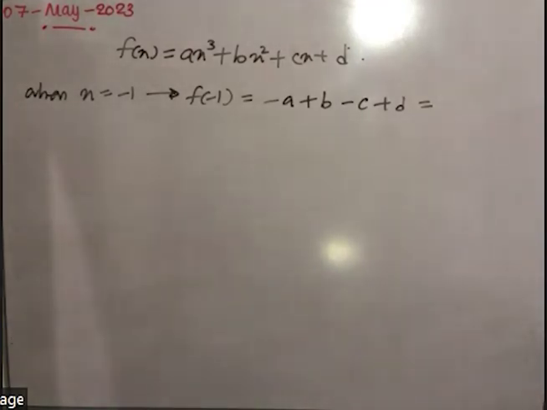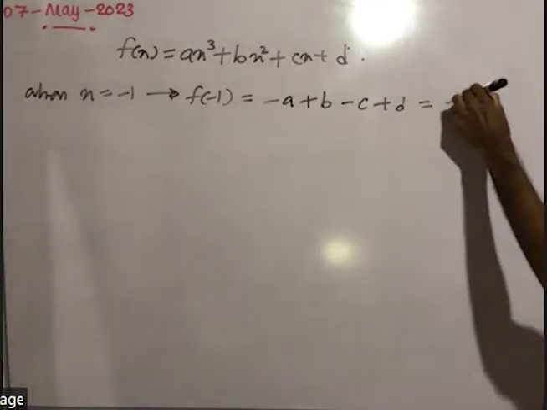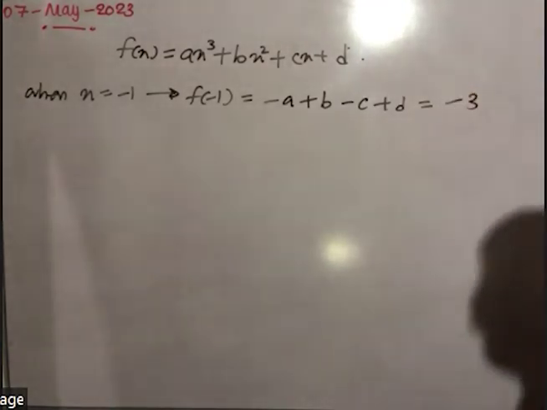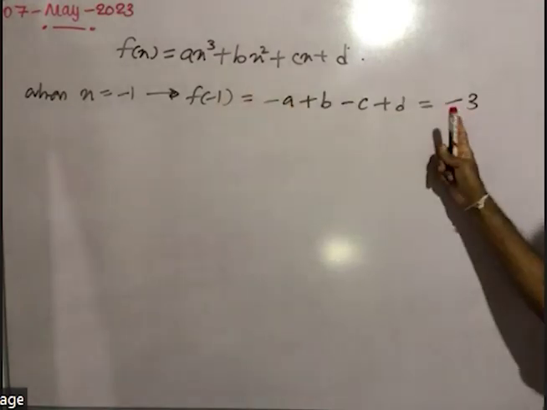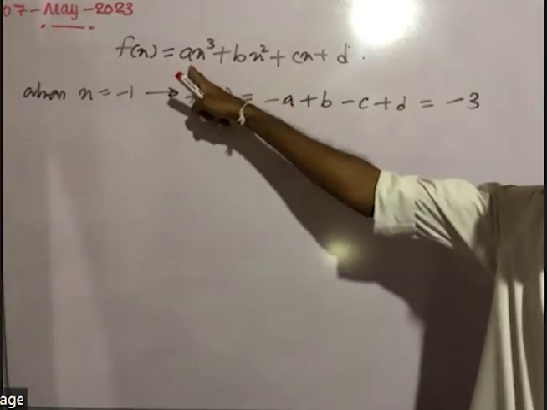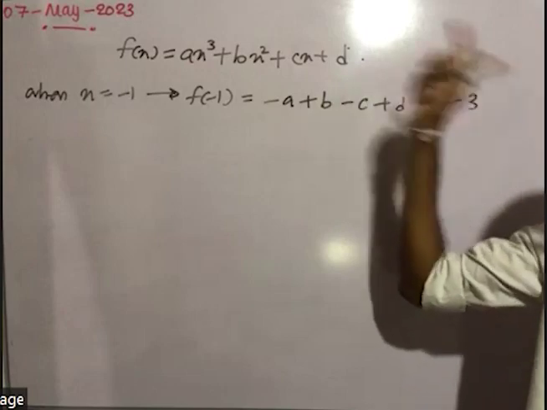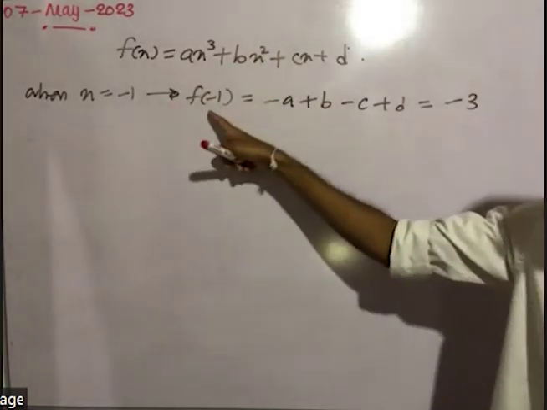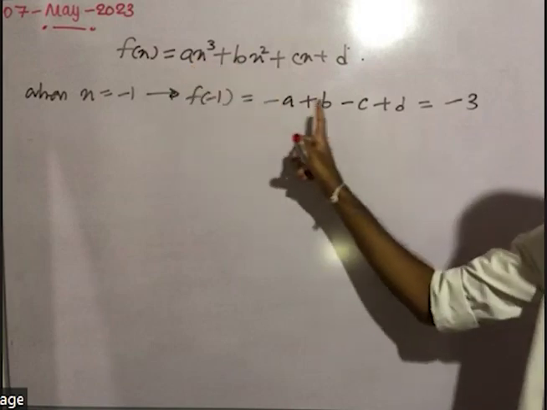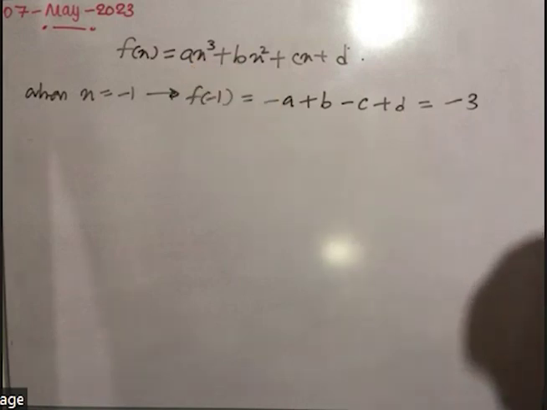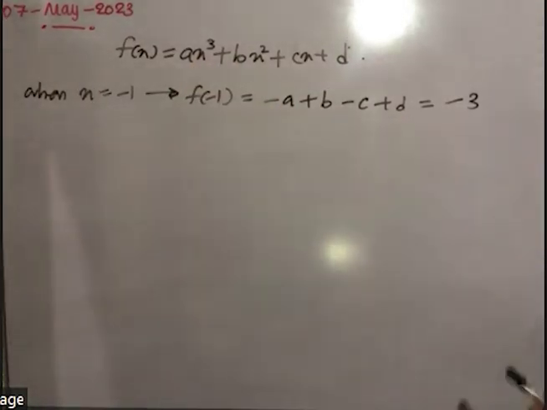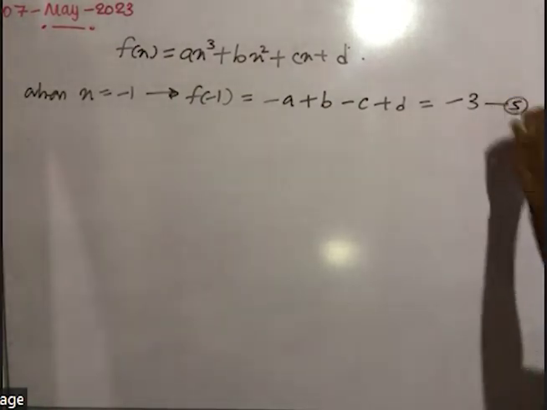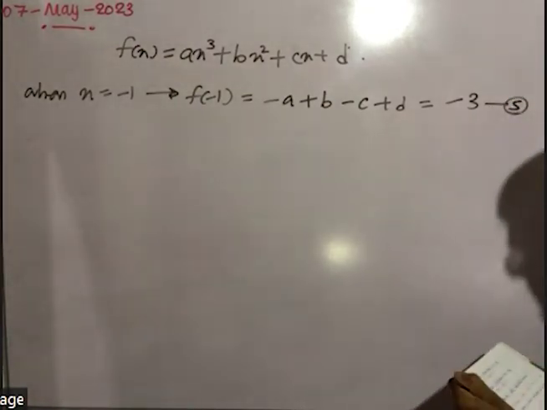This will become minus 3. From the first expression, we know that f(minus 1) equal to minus 3, and we can find the value of f(minus 1) using this function. So f(minus 1) equal to minus 3, and also f(minus 1) equal to minus a plus b minus c plus d, right? I will take this as number 5.